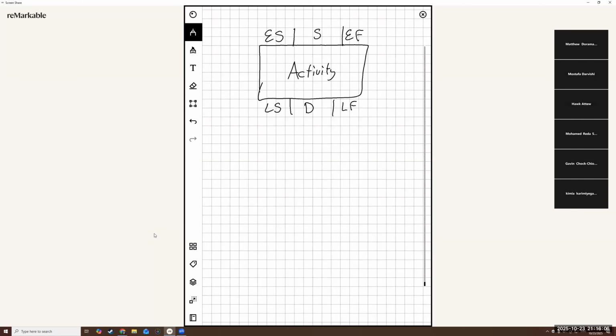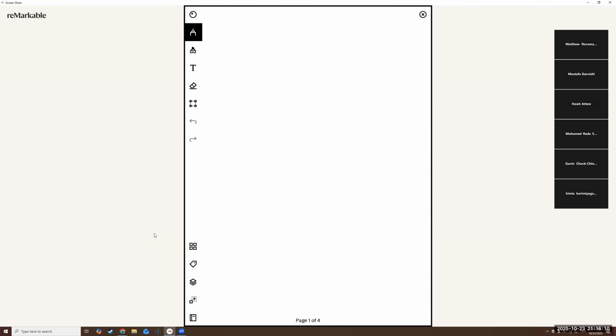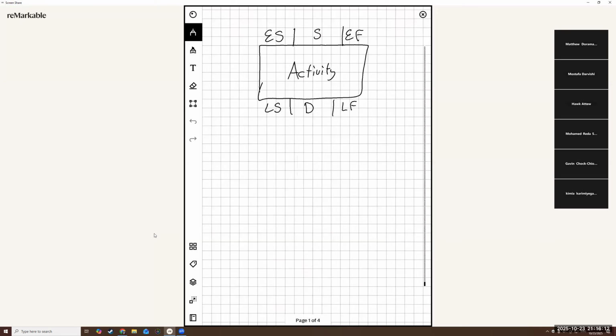Your slack... hang on, sorry, I lost my page. So your slack represents the amount you can delay a project, right? So if your early start is, let's say, 5 and your late start is 10, which means you can theoretically delay the project by 5 days, years, whatever, then your slack would also be 5.